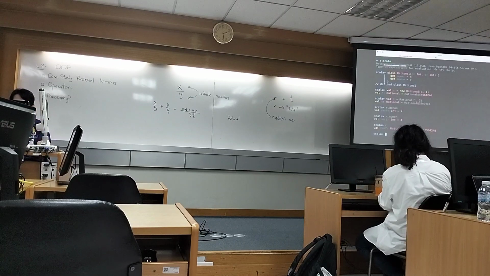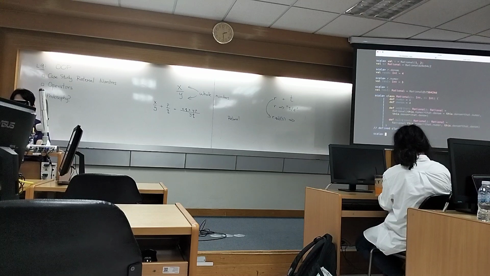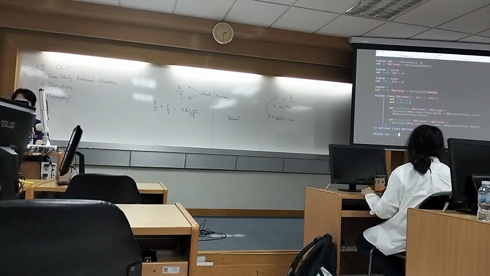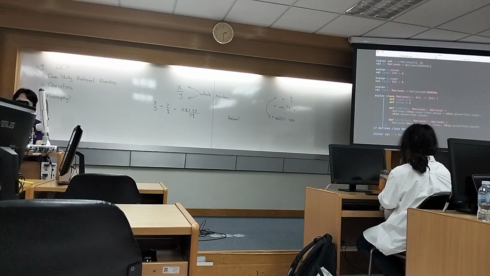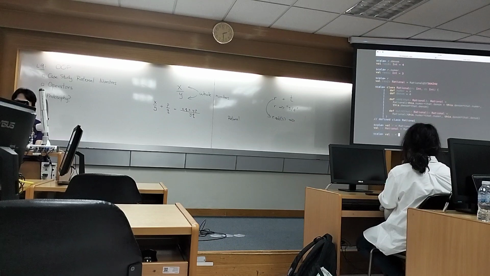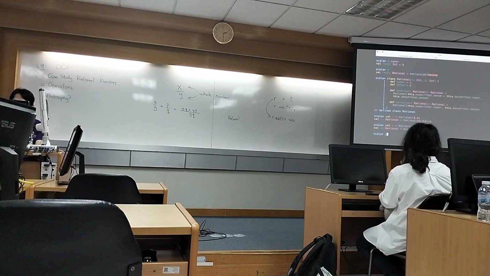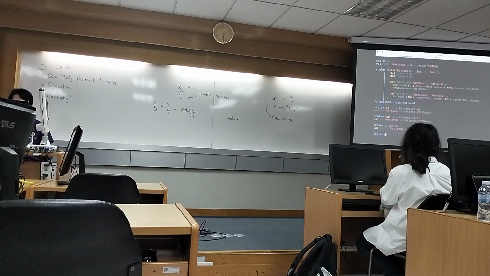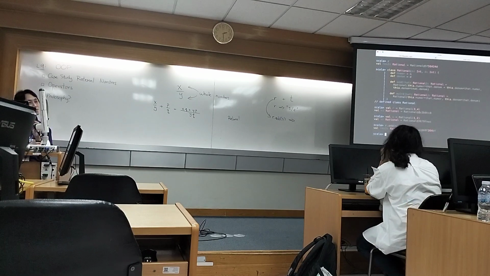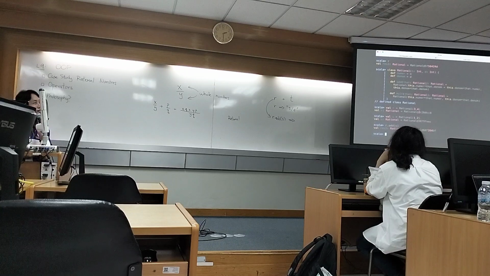Let's see what we got. r is rational 1/2... s is rational 1/2. r add s. Oops. Wait. Did we add up the numbers correctly?